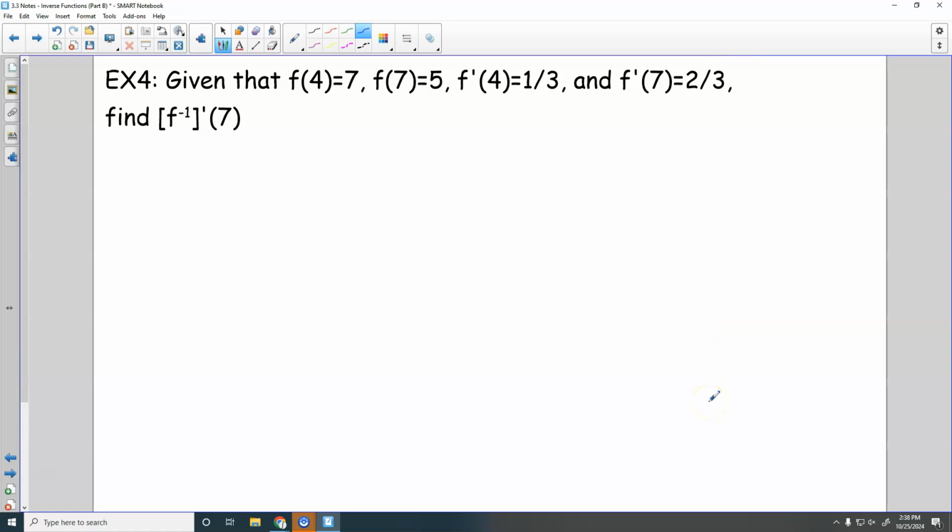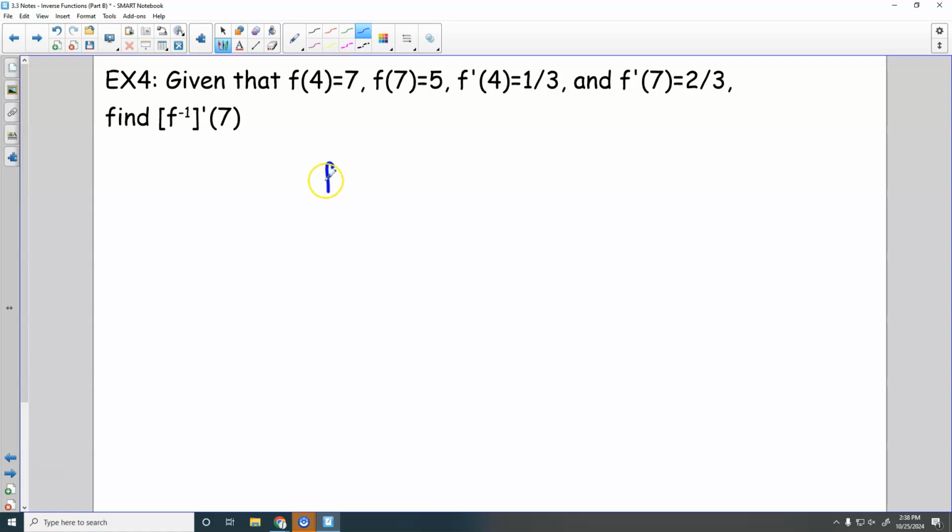Okay, so we are given that f of 4 equals 7, f of 7 equals 5, f prime of 4 equals 1/3, f prime of 7 equals 2/3, and we are supposed to find f inverse prime of 7. Okay? So, let's just use our formula.